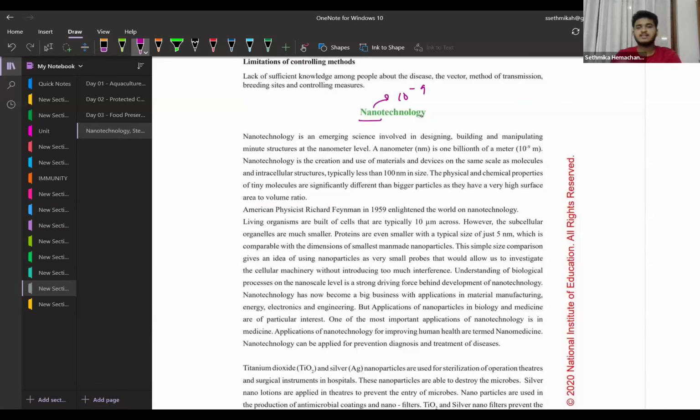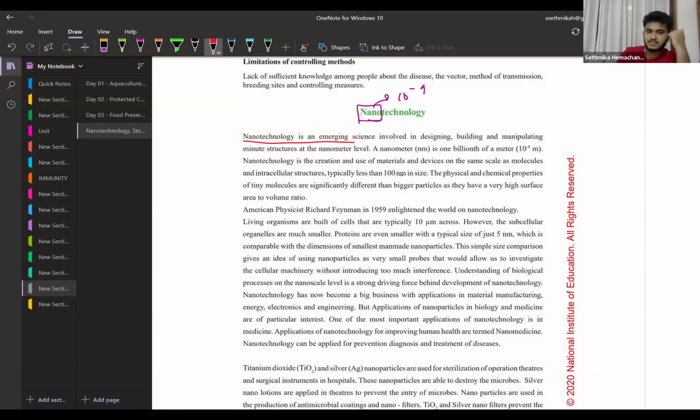So basically, nanotechnology refers to using these very small particles at the nano level in the development of various medicines, technologies, foods, and all that. You can see it from the definition.